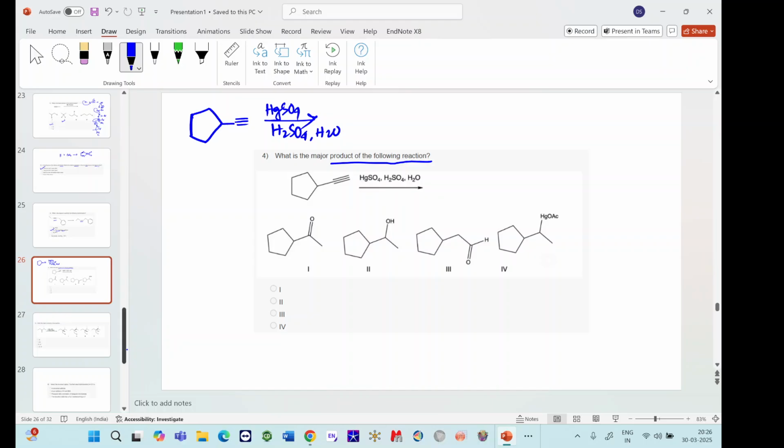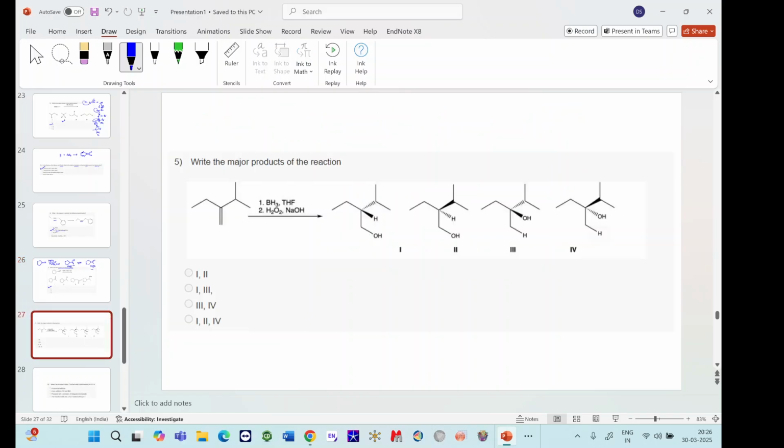So you will have the water at the more substituted position, but as this is an enol, it can tautomerize to this keto form. This is the enol form. Okay, so this one will be the right answer. So which is the one? This one. Let us go to the next question.